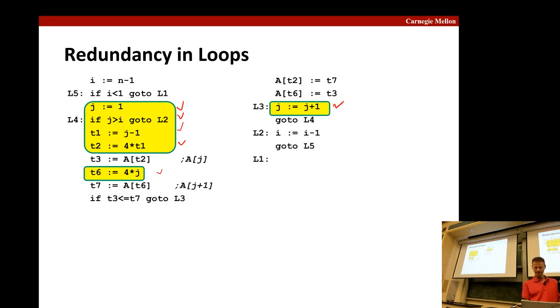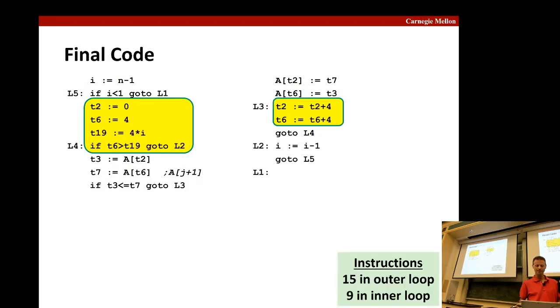Well, the interesting thing here is that because this address calculation is sort of going in lockstep with incrementing of j, every time you increment j, this address calculation goes up by 4, okay? So there's actually no reason in this code to do both, okay? And since we need the 4 version of it for the rest of the code to work, we're just going to use that instead, okay?